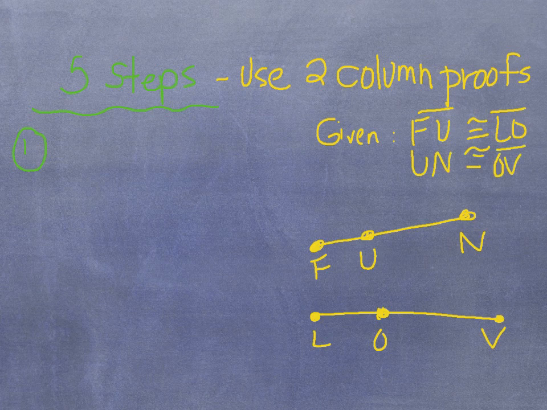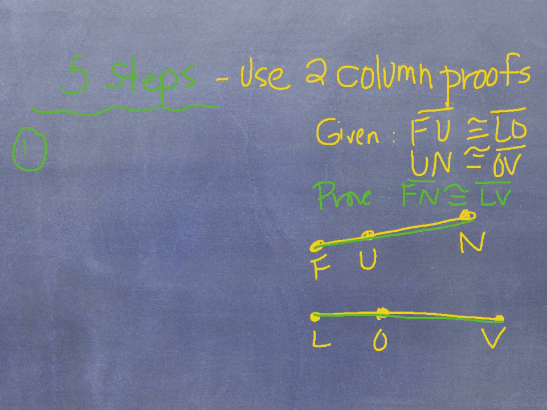What they're asking us to prove is that FN is equal to LV. Now I know you're probably looking at this and saying, duh, it's clear that F to N is the same as L to V. Well, we don't know for sure, we can't assume, so we're going to use what we know about algebra proofs and apply it to a geometry proof.